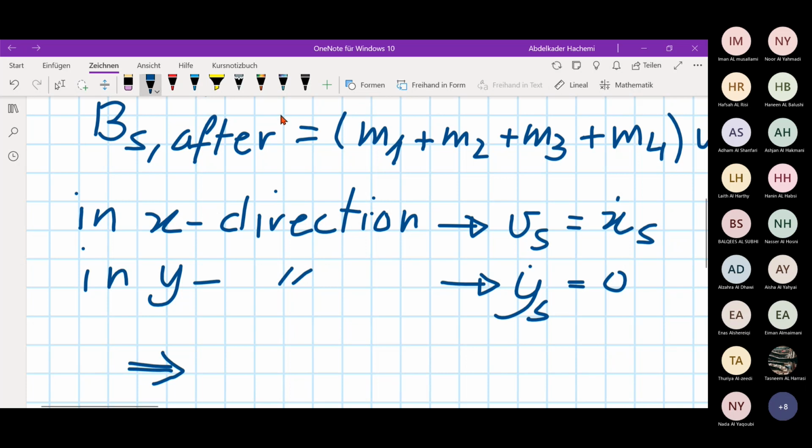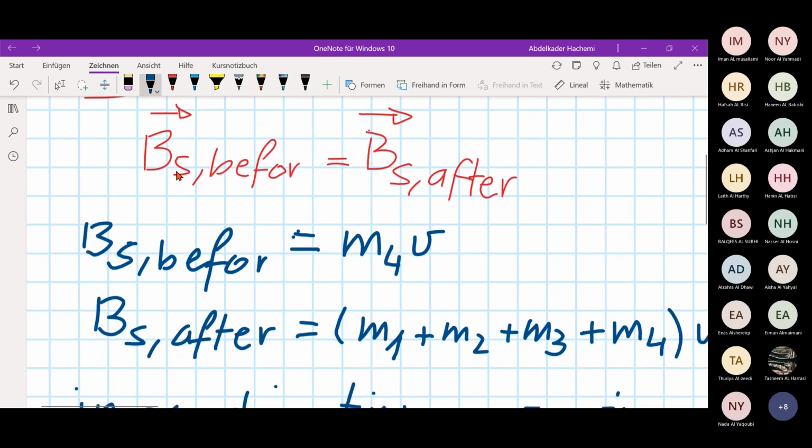We can write here now this relation that m4 v, which is the impact, or let's say momentum, before, and here after we make the equality between the two terms.